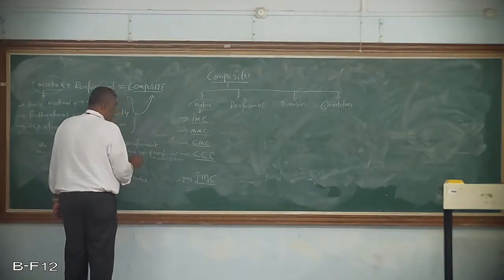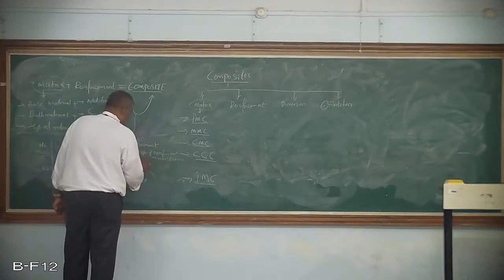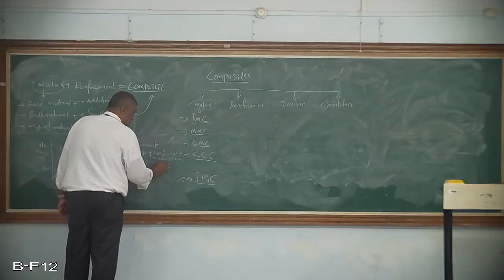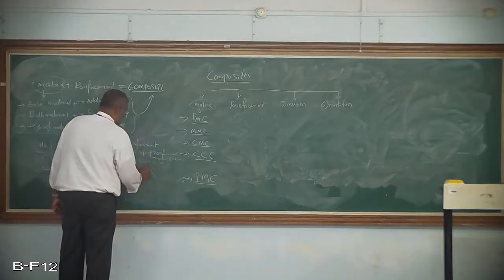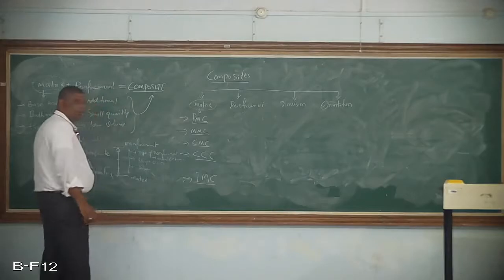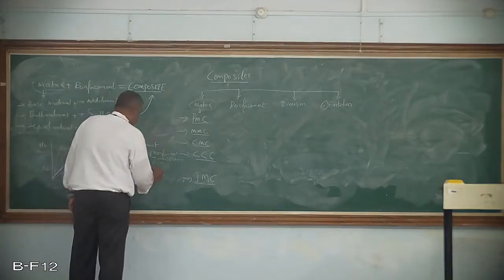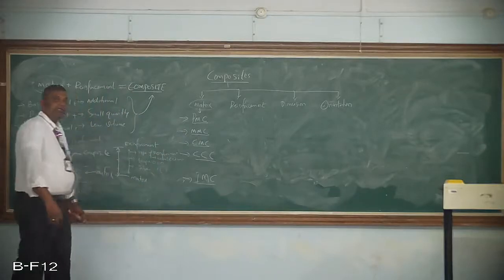Second is what shape of reinforcement you are going to add: round, irregular, whiskers, regular size, irregular size. Then what size you are going to add; again the property will change.